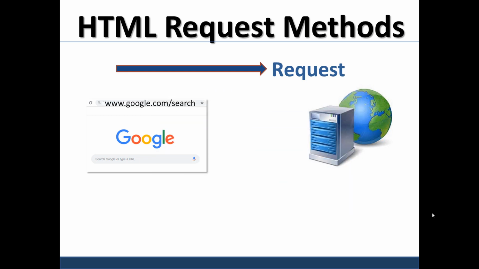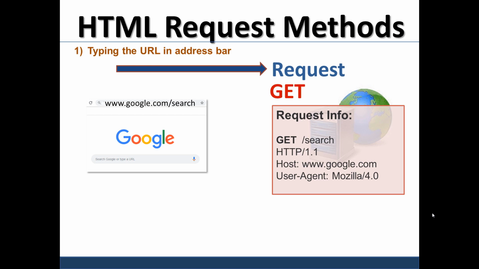The most common way to make a request is by typing the web address in a browser. When you type the web address in a browser, you are doing what is called a GET request. As part of the request, the browser sends some information to the server, including the method used and the path that it is trying to access.